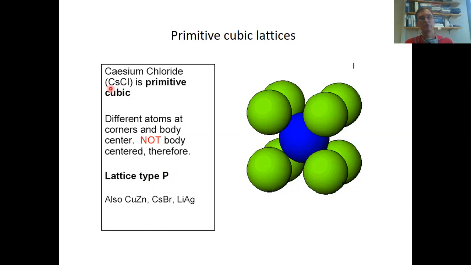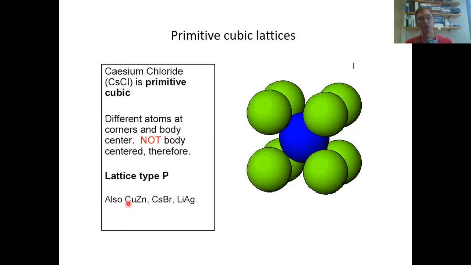So in this case, we say we have the lattice type P. In addition to cesium chloride, there are many other compounds that crystallize in such a structure. For example, there's an intermetallic phase between copper and zinc that makes that structure.